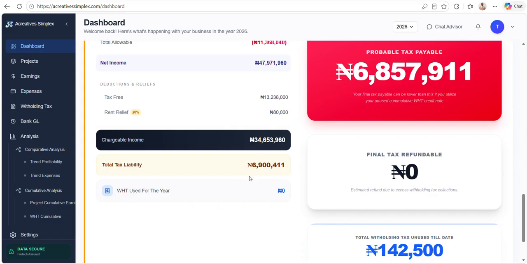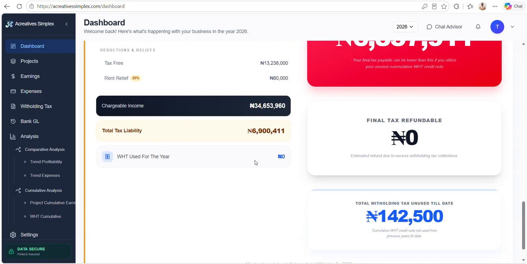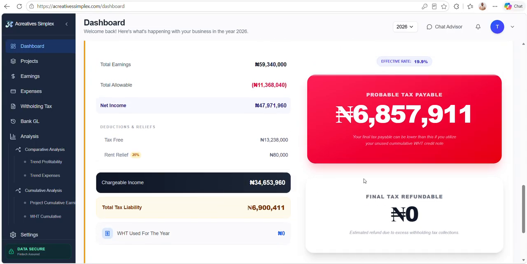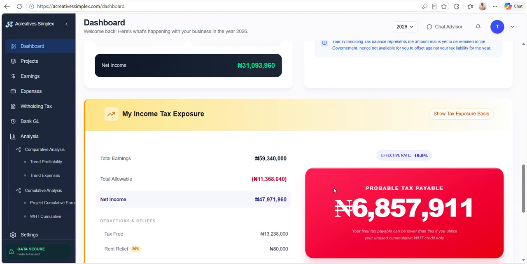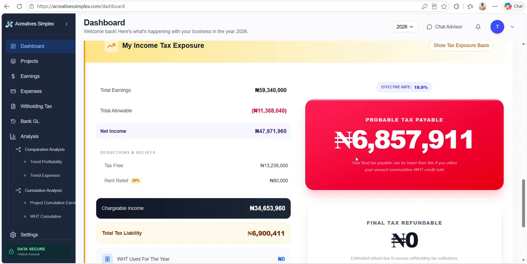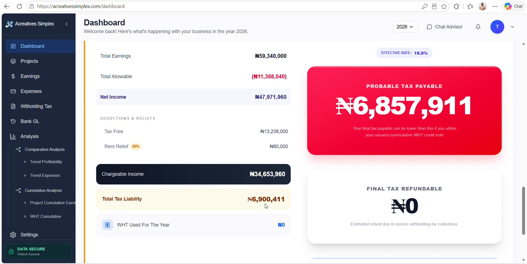This is the amount we are expected to pay to the government as our tax. And this is the reason why we have set up this application, to explain how to know our tax liability for the year. Then our withholding tax used for the year is 0 naira. Now, these are probable tax payable, that is, the total tax that is payable to the government. If you look at it, there's a difference between this and this.